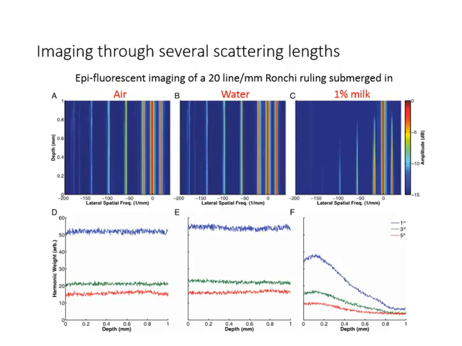This is our fundamental harmonic, and then because we're using binary modulation, we have a third, a fifth, a seventh, and so on. If we pull out lineouts of the visibility of the first, third, and fifth harmonic, we can see the fifth harmonic down to about 500 microns into the 1% milk, so right about here. And then the fundamental and the third harmonic last a little bit longer.